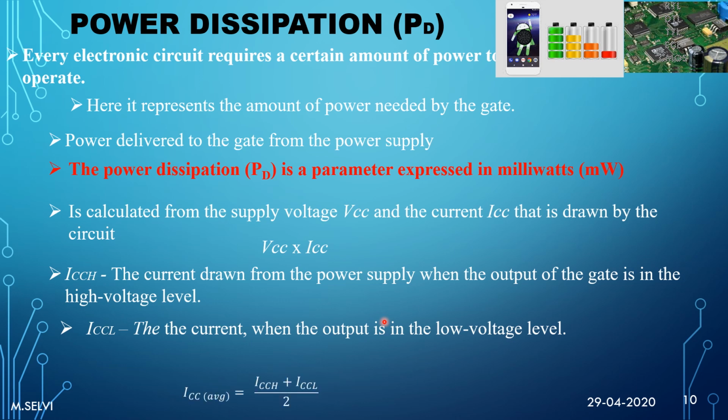We calculate ICC average as the average of these two currents, at the low level and the high level. Then this average current is multiplied by VCC to give the power dissipation of the logic family.